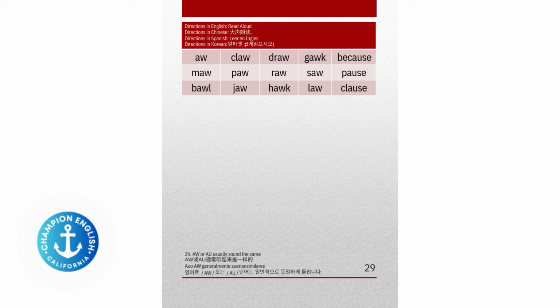S and aw, saw. P and aws, pause. B and aw, ball. J and aw, jaw. H and awk, hawk. L and aw, law. And last but not least, cl and aws, claws.